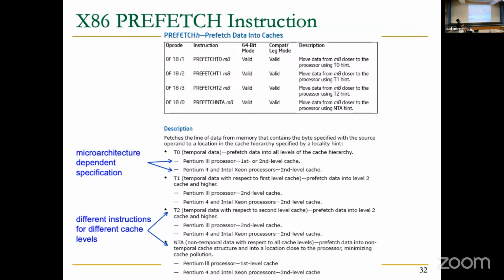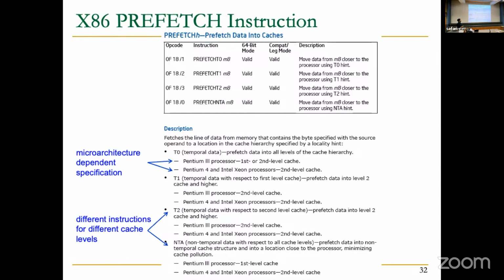So here is an example of software prefetching instructions in the Intel x86 ISA. You can see four software prefetch instructions with different hints. That's what they call hints: T0 hint, T1, T2, and NTA hints. These instructions are ISA instructions, but they also have some microarchitecture-dependent specification of where exactly you are going to place the data if you execute that instruction with that hint.